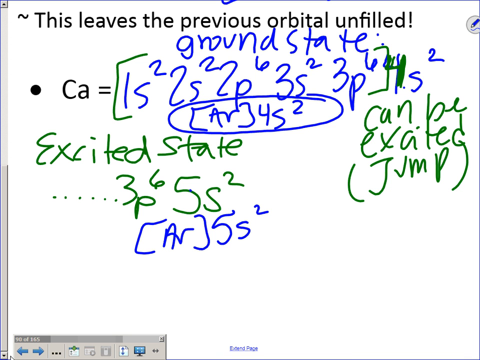So I could have also written it like this: Argon 4s1, meaning I left one of them in the 4s, right? And then what did I do with the other one? I did the 5s1. I can do that. I've got one electron that moved from 4s to 5s, and that's it. As long as one electron's excited, we've got an excited state. Yeah. Is that just to represent that there's like a jump, or do you have to do it like it jumps 2 levels?